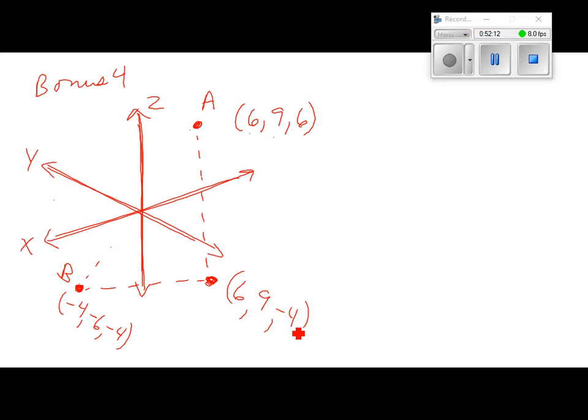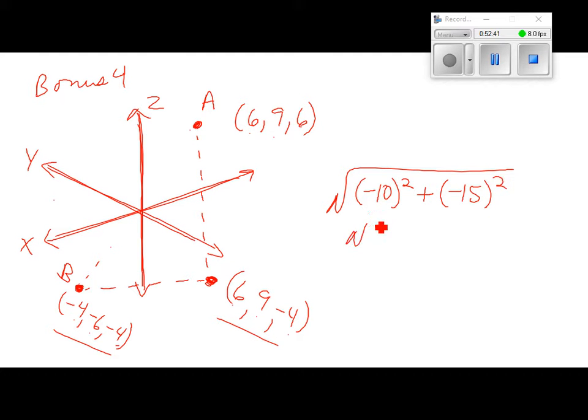And now we can actually use the distance formula with those two. You'll notice that your Z's are the same, so they're just going to cancel each other out and be 0. We do -4 minus 6, which is -10, and we're going to square that, plus then we do -6 minus 9, which is -15, and we're going to square that. This is 100.